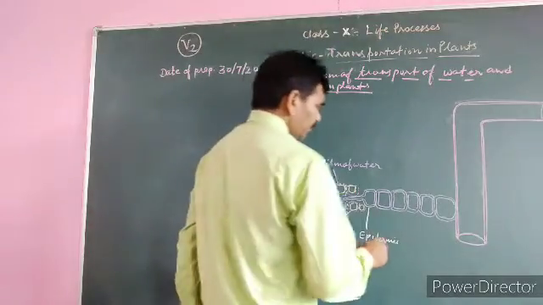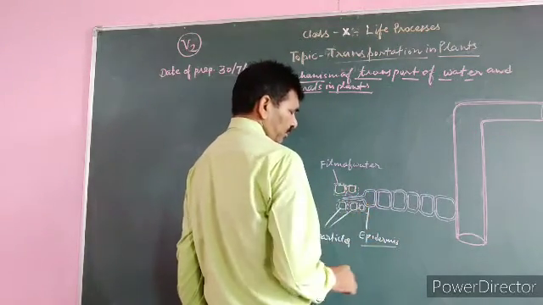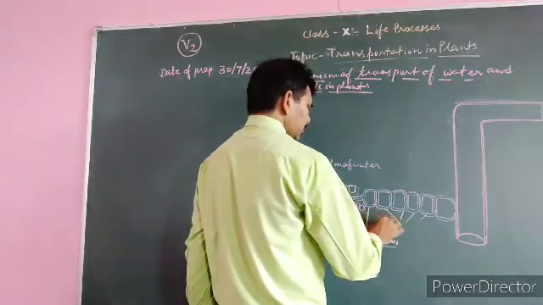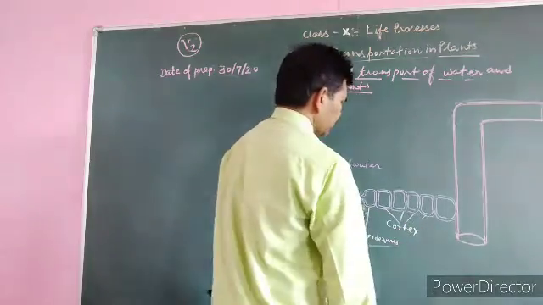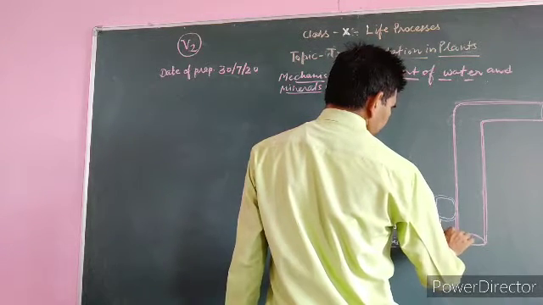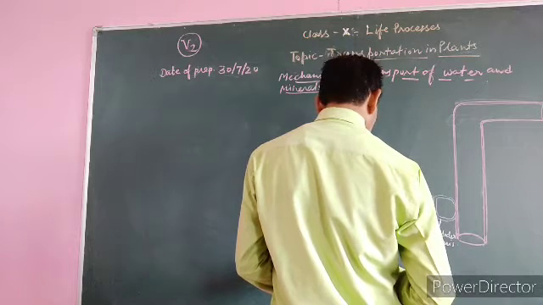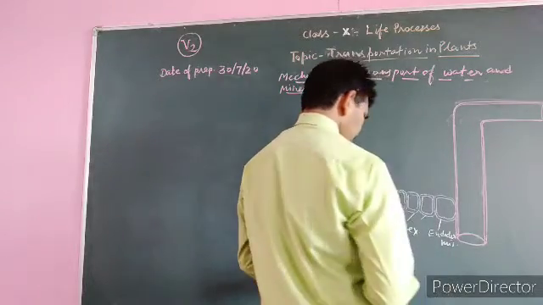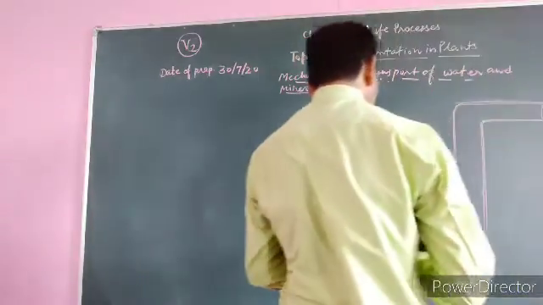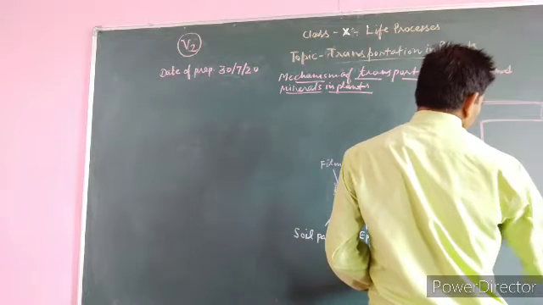So these are the cells of root. The outermost single layer of cells is the epidermis, having outgrowths called root hair, and the middle layers form the cortex, and the innermost layer of the cortex is endodermis. And here are xylem vessels of root.